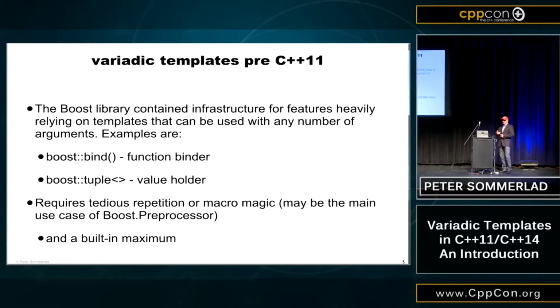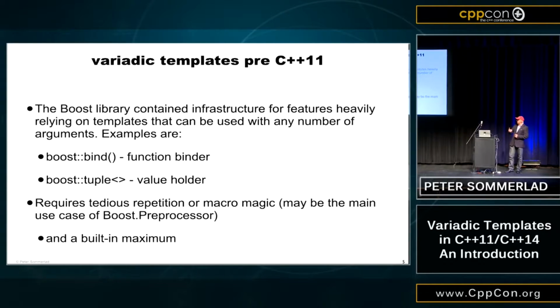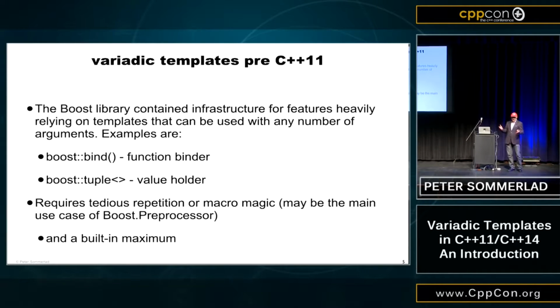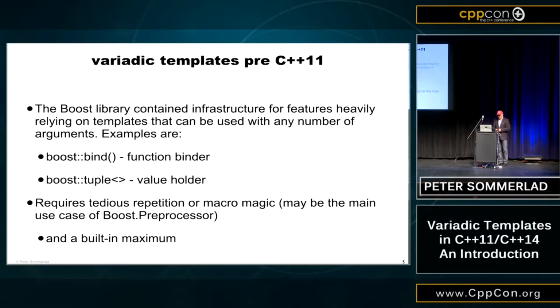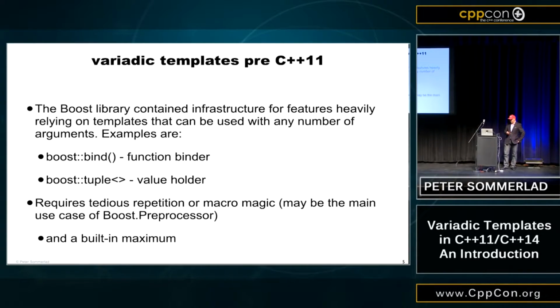You always have to specify, okay, I want bind with up to 10 arguments. That might be sufficient for almost all imaginable use cases, but somehow you might get a Windows API function with just 11 arguments. And we can argue a lot about the usefulness of such APIs, but it's still there.